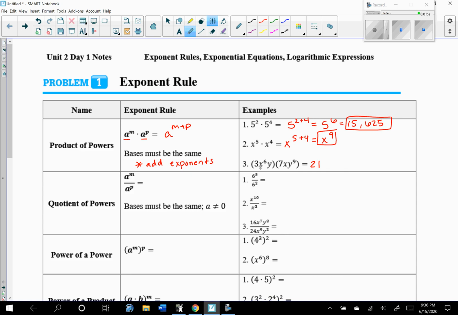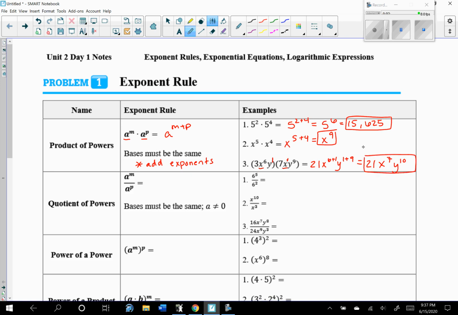Again, variables, when you multiply them, do have to have the same base to add the exponents. Since the exponent's not written, it's just a 1. So that would be x to the 6 plus 1, and then y has the same base, so y to the, again, that's a 1 if it's not written, so 1 plus 9. And then, of course, we can simplify this: 21 x to the power of 7, y to the power of 10.